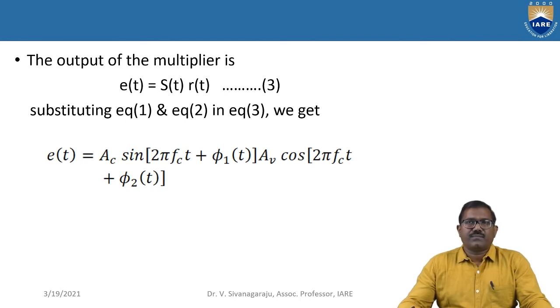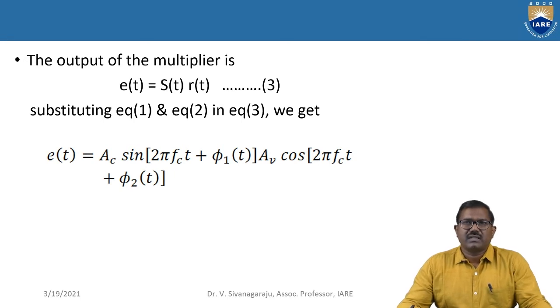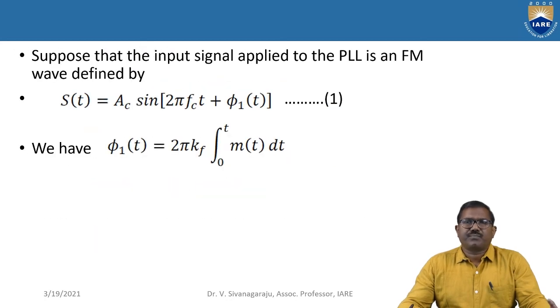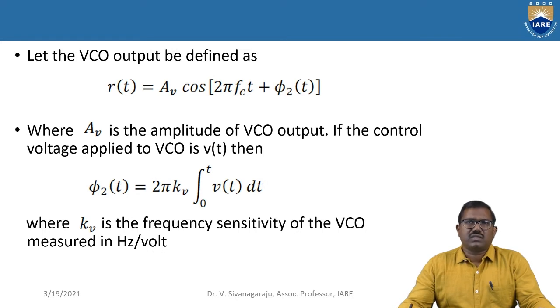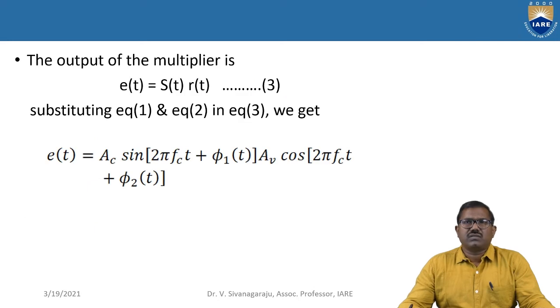Once again you can see what S of t and R of t are. S of t is Ac sine of 2 pi fc t plus phi 1 of t, and R of t is Av cos of 2 pi fc t plus phi 2 of t. So we are going to substitute these.